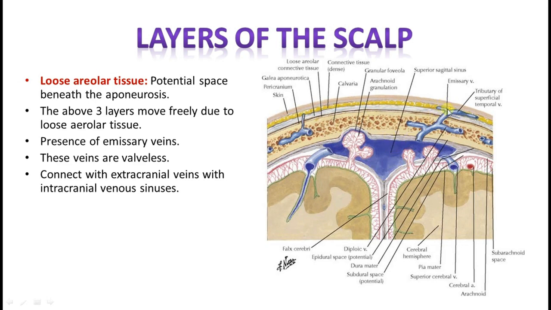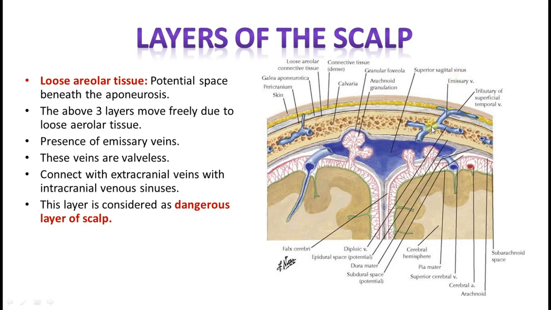That is why the fourth layer is called the dangerous layer of the scalp, because infections from the scalp can be transmitted via the emissary veins into the intracranial venous sinuses.